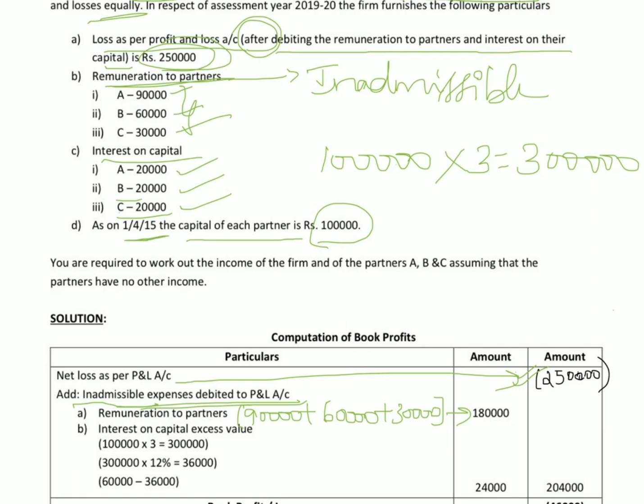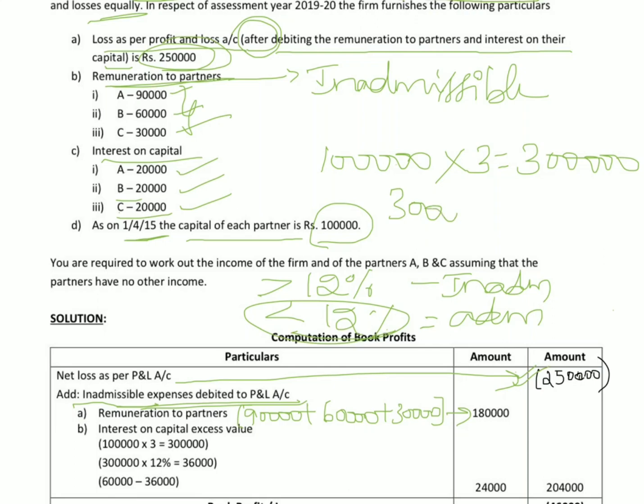Interest up to 12% is admissible, and if it exceeds 12%, the excess is inadmissible. So they can deduct to the extent of 12%. On this 3 lakh, at the rate of 12%, it comes to 36,000. What is the amount of interest on capital they have deducted on the debit side? That is 60,000: 20,000 plus 20,000 plus 20,000.